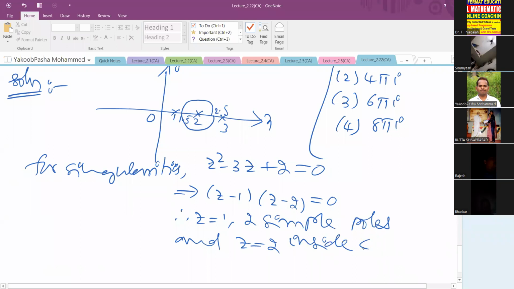At z equal to 2, we have to calculate the residue.